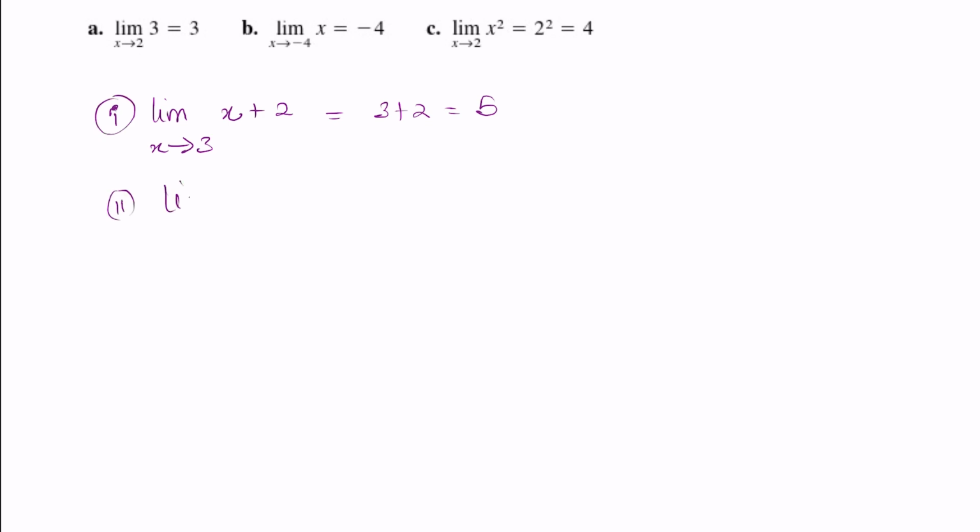If I have the limit as x approaches negative 1 of x squared plus 3, how do I solve this? I'm just going to substitute negative 1 into x squared plus 3. And this gives us 1 plus 3, which equals 4.